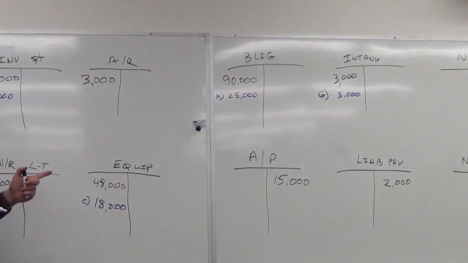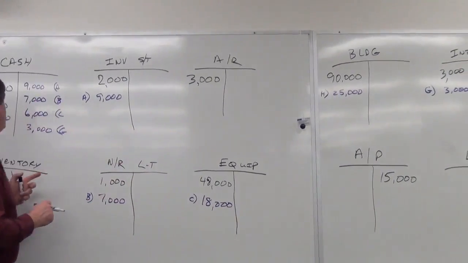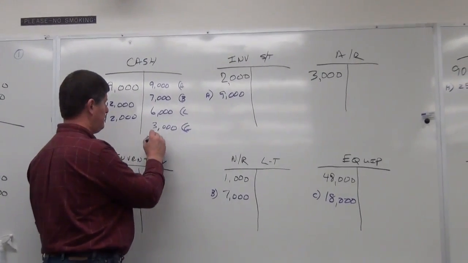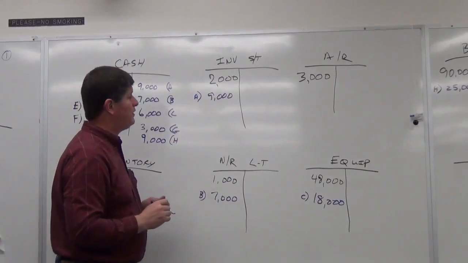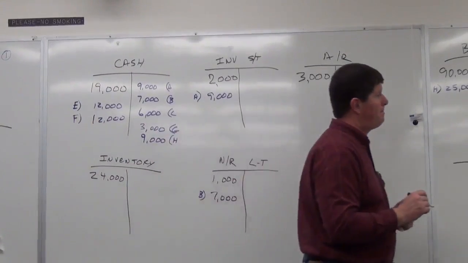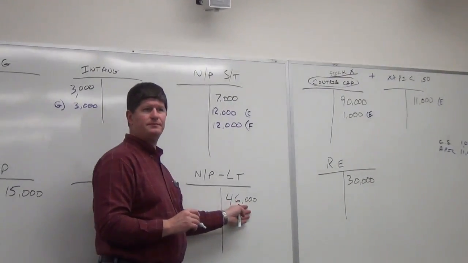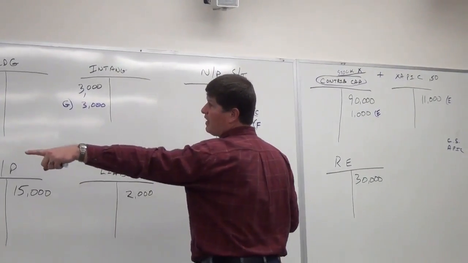Okay, and we paid for it how? 9 in cash. So cash is going to go down, which is a credit. And the rest was a note payable that is long or short term? Long term. Liabilities increase on which side? Credit. So 25 minus 9 leaves me.